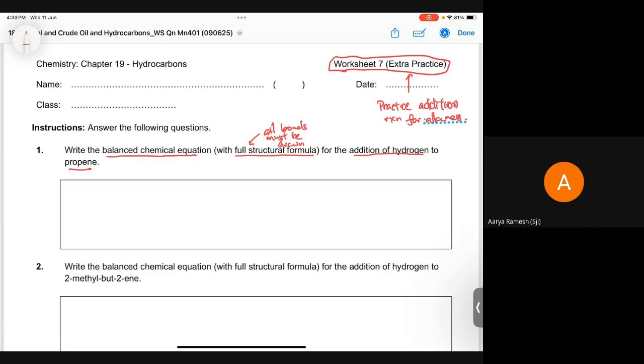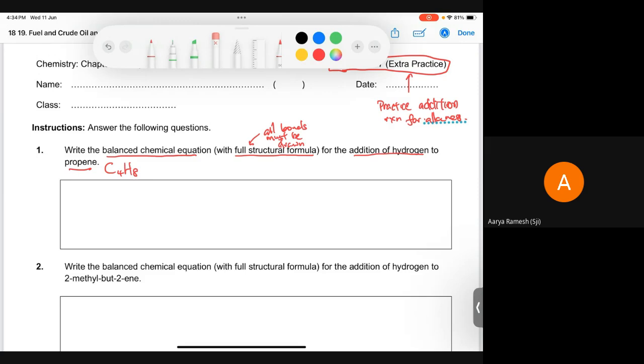Not the structural formula, the chemical formula first. I just want the formula. C4H8. Okay, is it correct or wrong? Arya, try again. Propene.